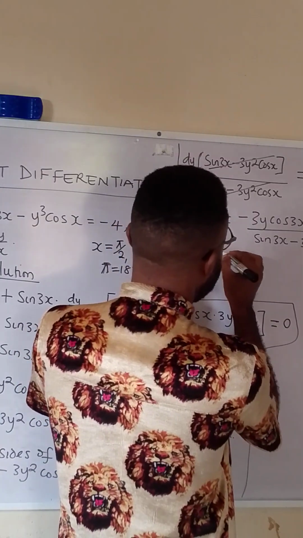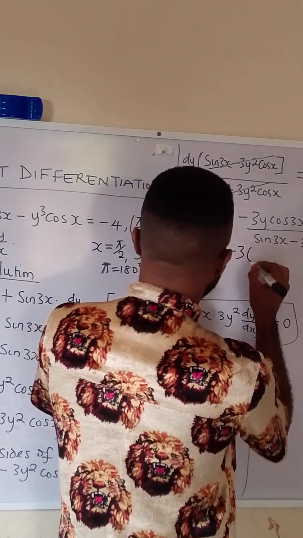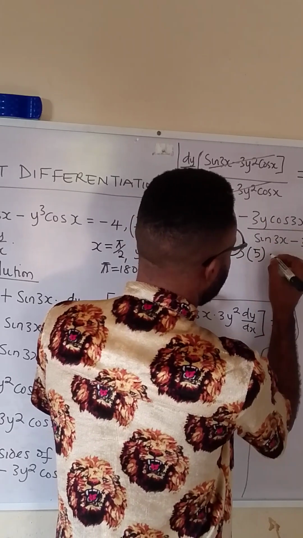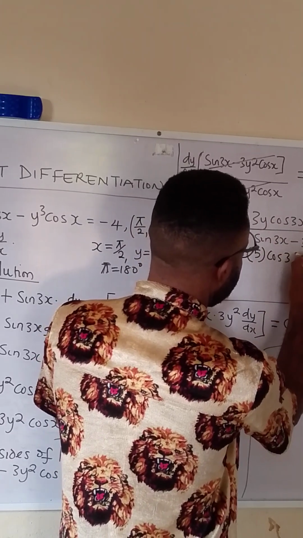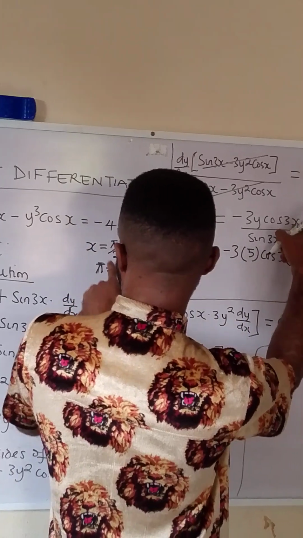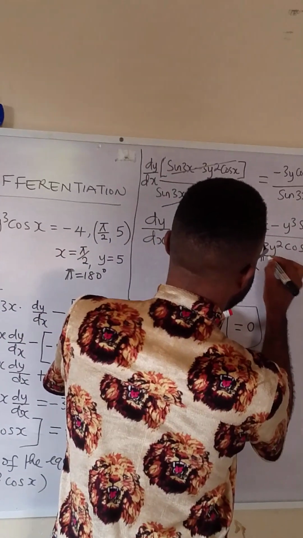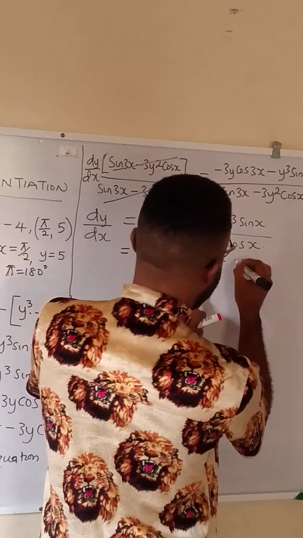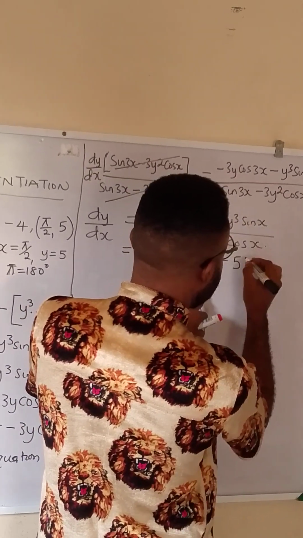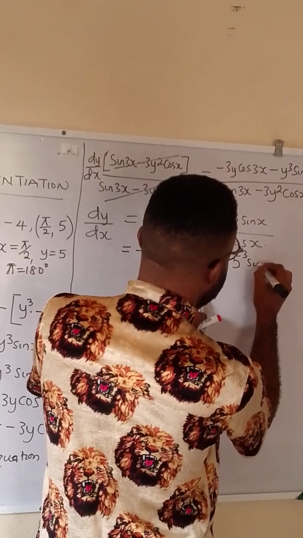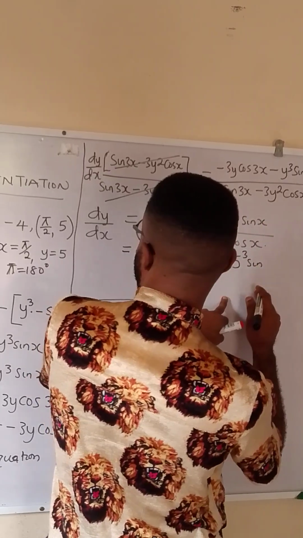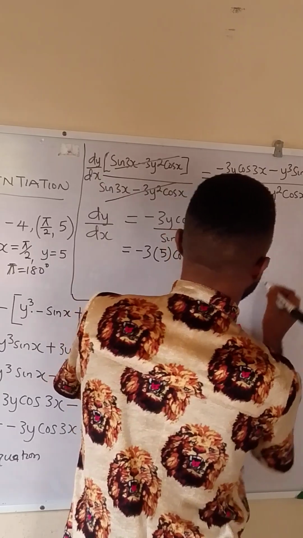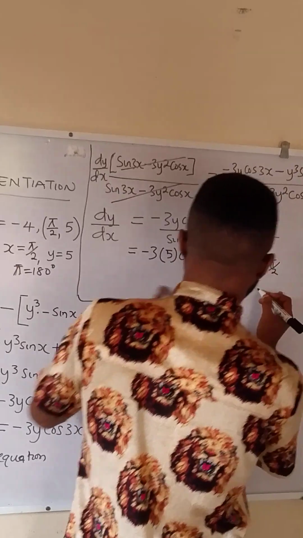And so when we do that, we are going to have minus 3. What is the value of y? 5. So we put 5 there. Cos 3 into, what's the value of x? x is pi over 2, minus y is 5, raised to power 3, sine, x is pi over 2.